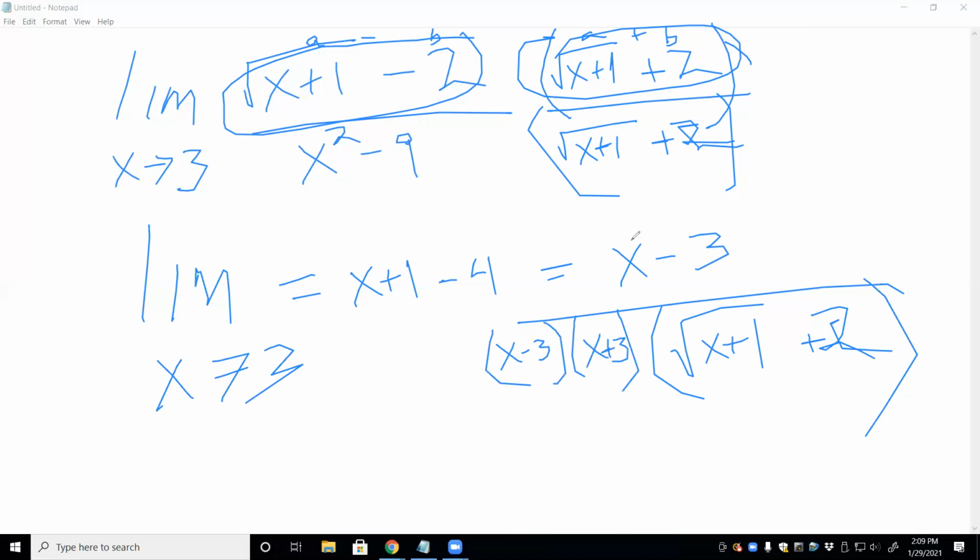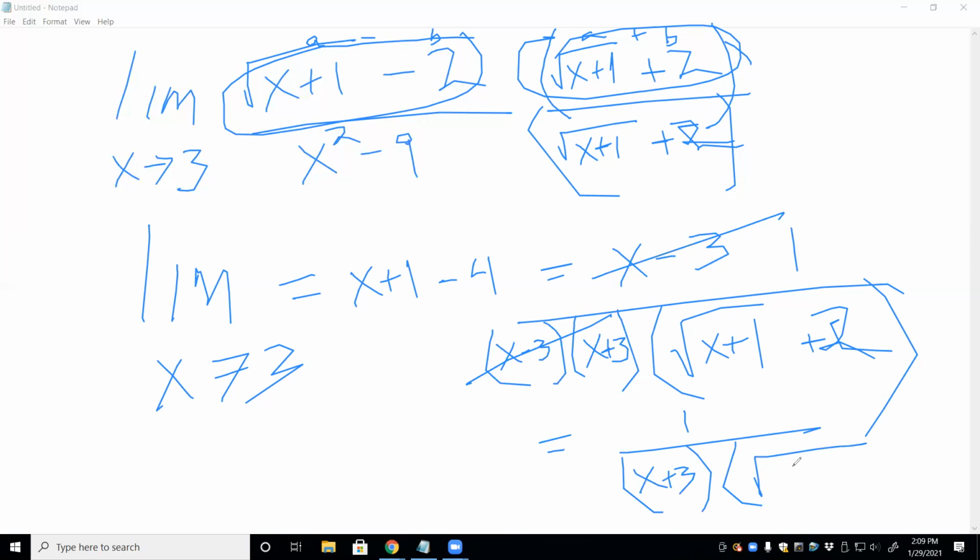And now I can start canceling. And when I draw a line like that, that means it's replaced with a 1. So now I have 1 over x plus 3 times the square root of x plus 1 plus 2.